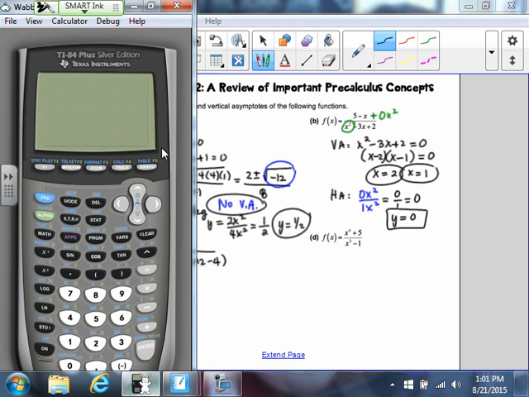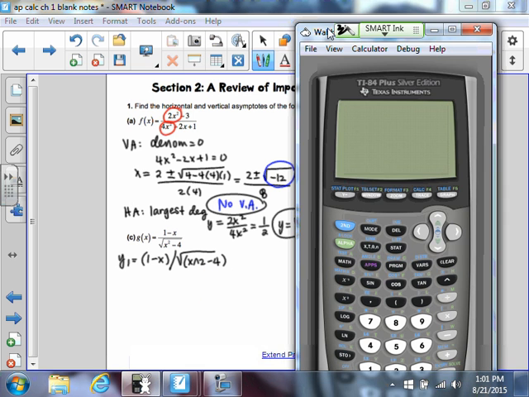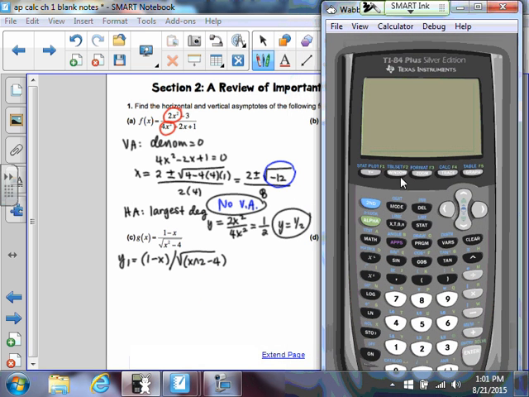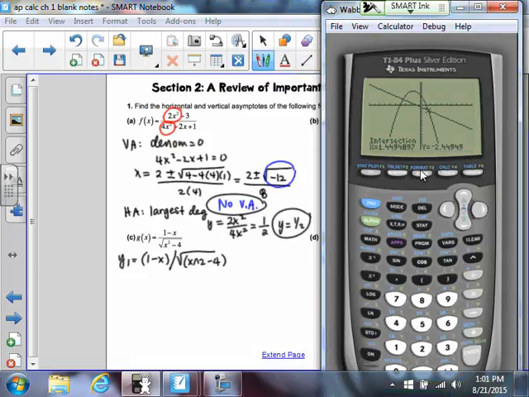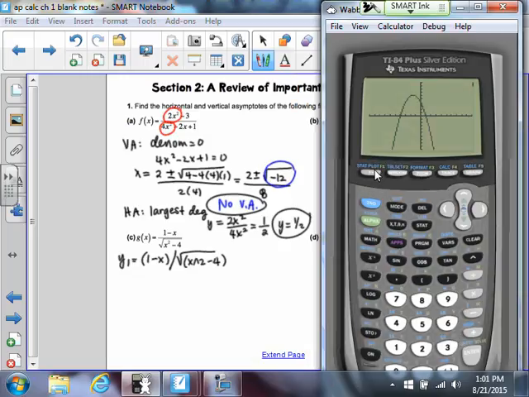I have this fancy program that will let me do it up here as well. I know, fancy, right? All right, so that's an old one. Hang on. I'm going to go to y equals.